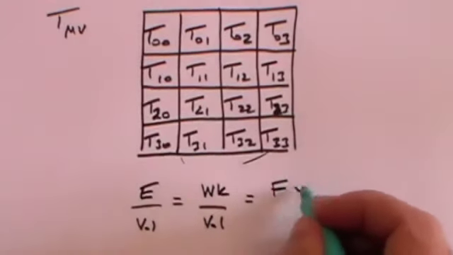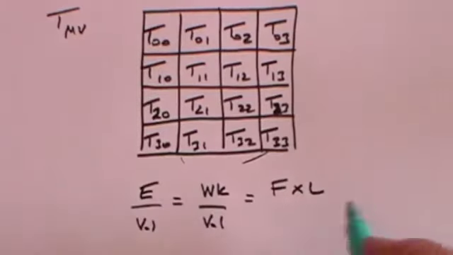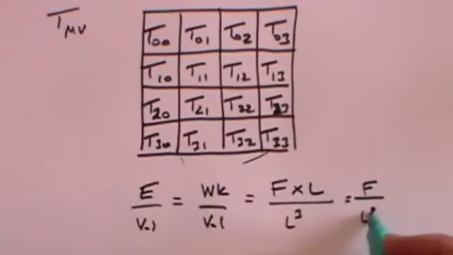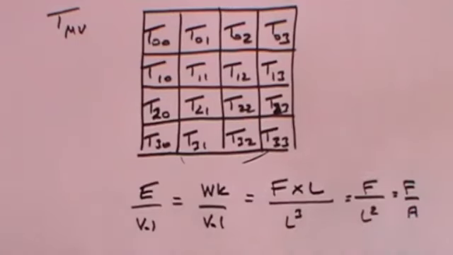Work is force times distance. Distance is a length. Volume is a length cubed. So that's equivalent to force divided by a length squared, which is force over area, which is, of course, the units of pressure. So that's how energy per unit volume can also embrace pressure or stress.